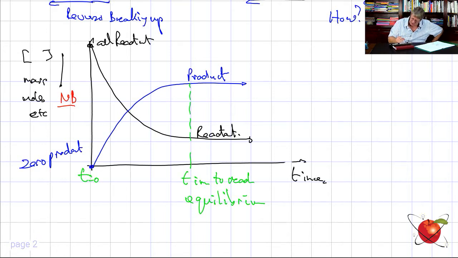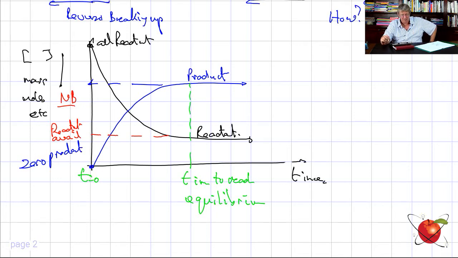Which means that at this point here, I still have reactant available and my product is constant. There's still reactant available. It's not zero, because these reactions are not necessarily to completion. I haven't used up everything necessarily.